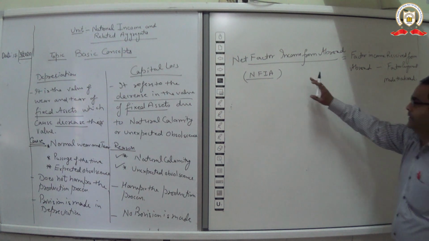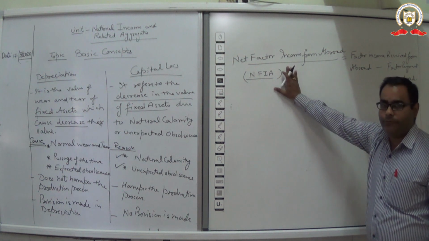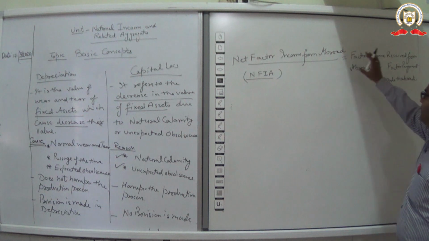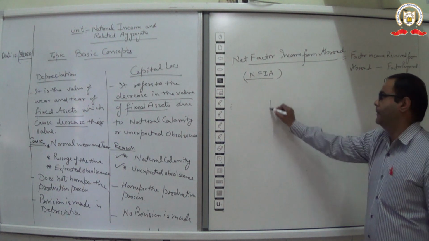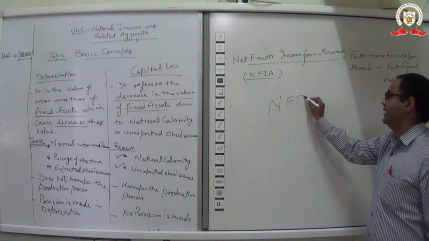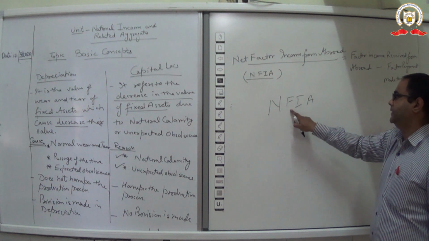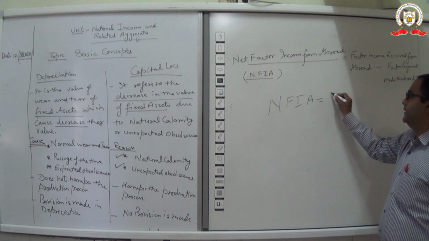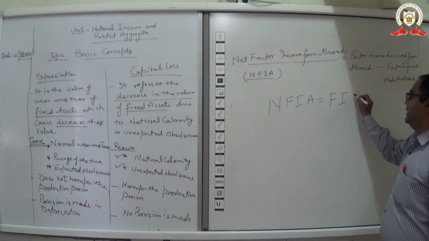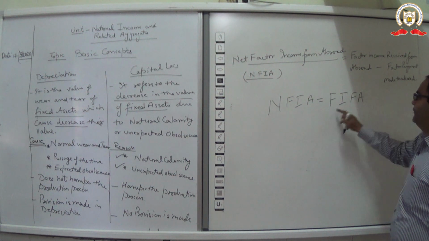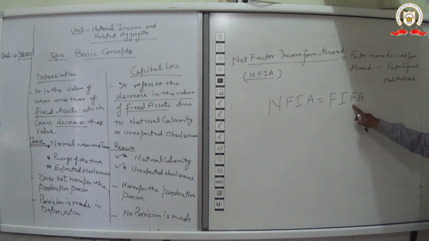So again I am repeating, net factor income from abroad, NFIA, is the difference between factor income received from abroad and factor income paid to abroad.